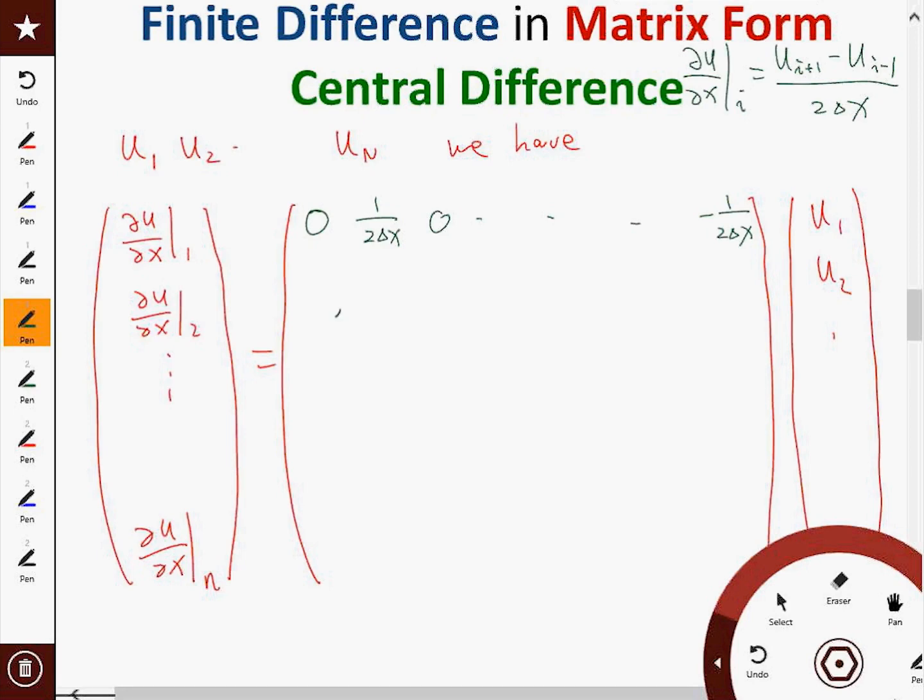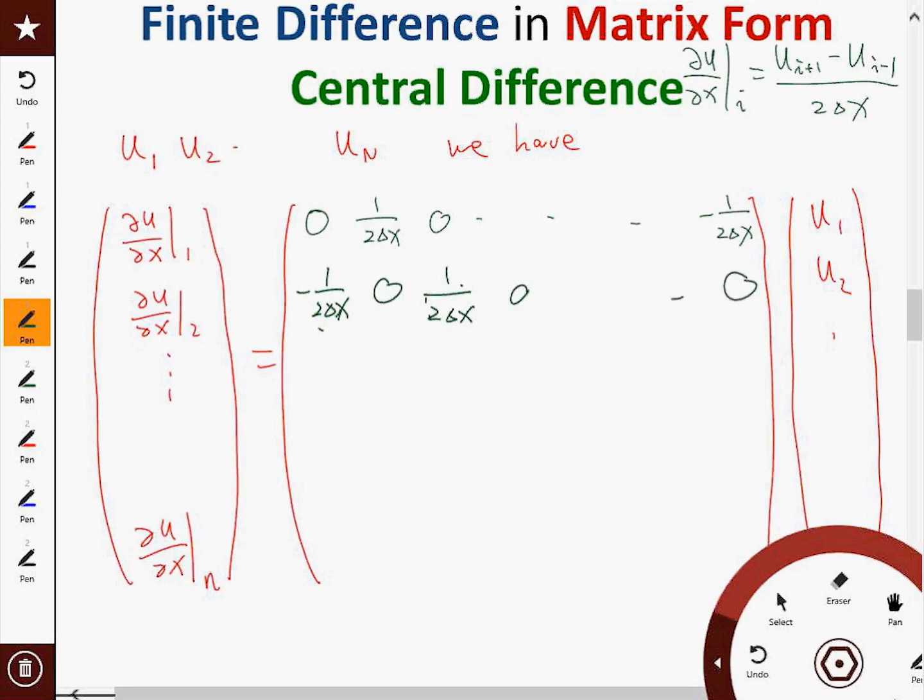So this guy is non-empty, this guy is non-empty. We would get minus 1 over 2 delta X here because U1 is being minused and U3 is being plussed. So we have 1 over 2 delta X over here. We have 0 in the middle.